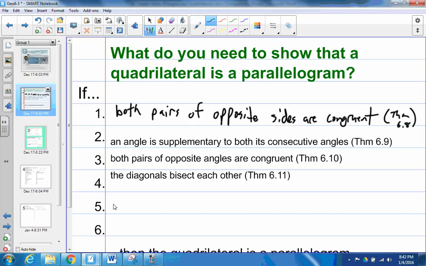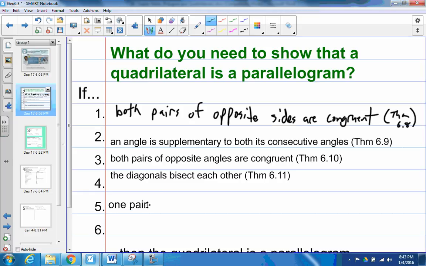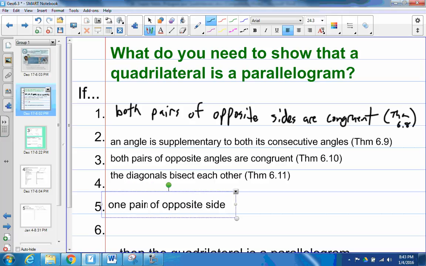But one more theorem. Theorem 6.12 says if one pair of opposite sides is both congruent and parallel, then the quadrilateral is a parallelogram.